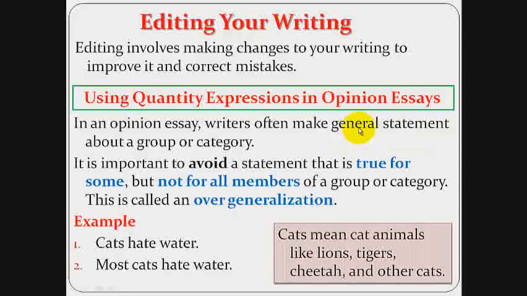Part of your general statement may be true, and part of your general statement may be untrue. And this is overgeneralization. The general statements you use to support your point of view about a topic should be completely correct or directly related to what you are talking about. The general statement should be completely true.